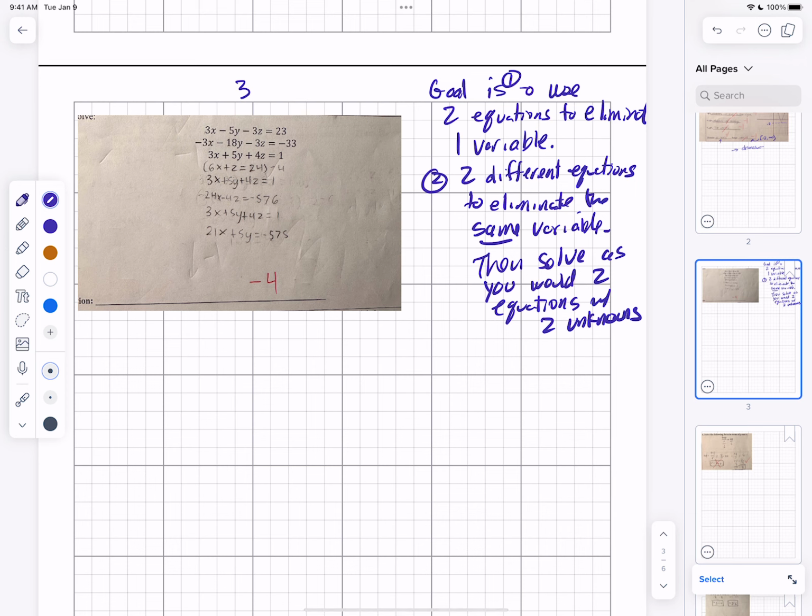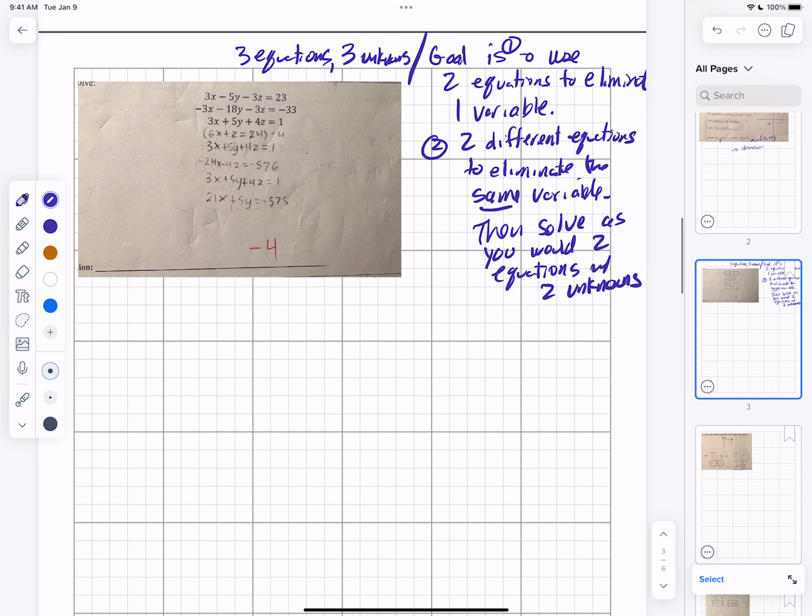Okay, so this is 3 equations, 3 unknowns. All right. So what am I saying here?